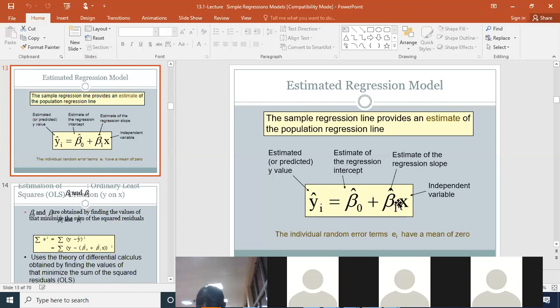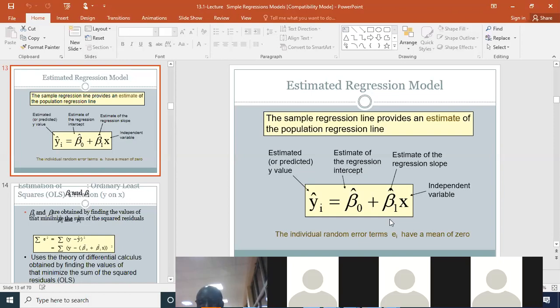With the ordinary least squares method, the OLS method enables one to determine the values of beta naught cap and beta 1 cap that minimize the error term.